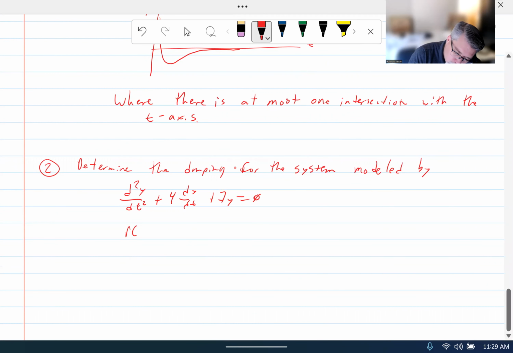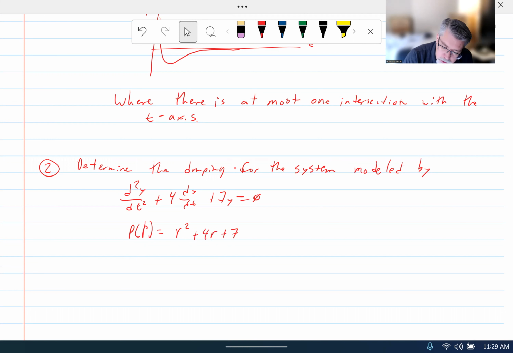P of r is equal to r squared plus 4r plus 7 is equal to 0.